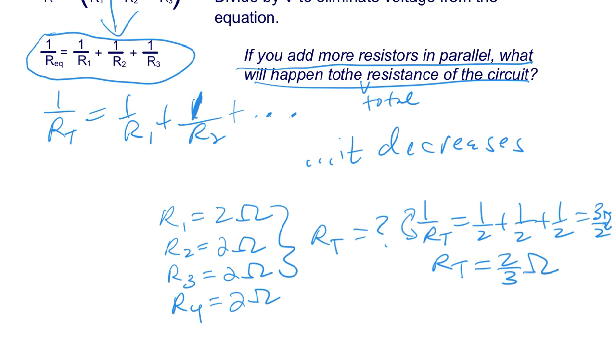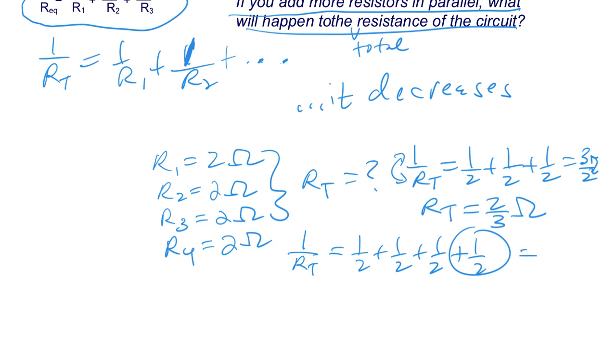Okay, so 1 over RT equals 1 over 2 plus 1 over 2 plus 1 over 2 plus another 1 over 2, R4. So that'd be 4 halves, or 2.